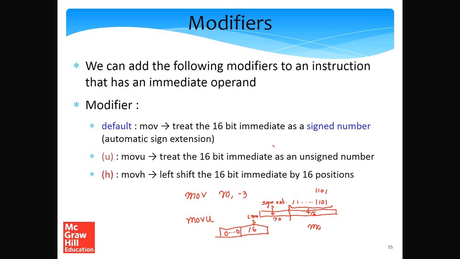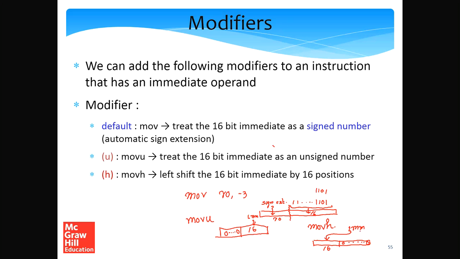In move H, what is typically done is that if we consider a 32-bit register with two 16-bit parts, the immediate gets loaded to the upper 16 bits, the most significant 16 bits, and the lower 16 bits are set to all zeros.